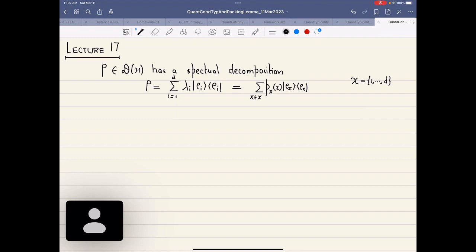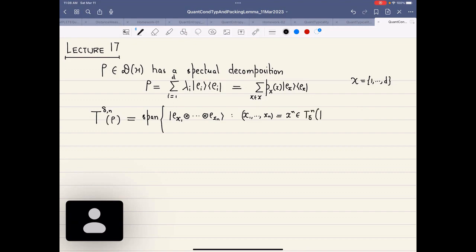Okay, so T delta n of rho is defined as the span of the following subspace. You take all these vectors x1 through xn such that x^n, denoted as x1 through xn, belongs to the typical set.